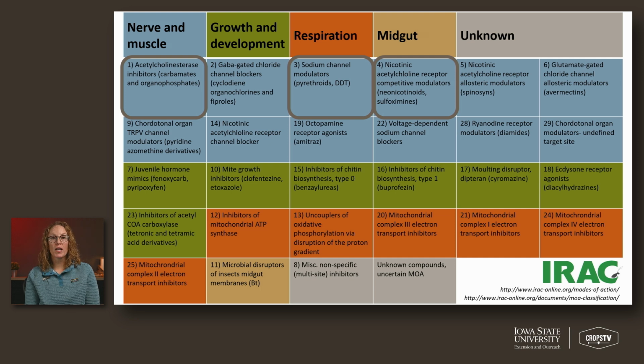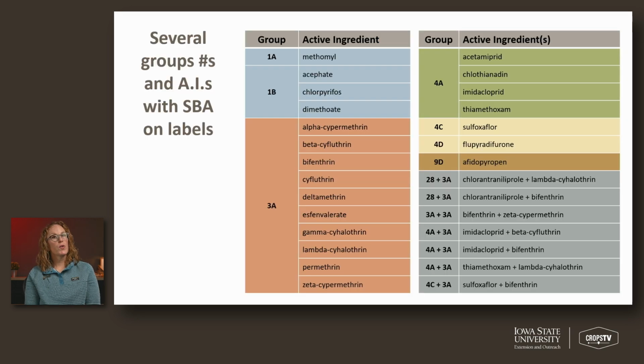So they're the organophosphates, pyrethroids, and the neonicotinoids. We also have group 9 and group 28 as options. They're newer chemistries, they're more targeted, and as you can imagine, they're a bit more expensive than the generic older chemistries.